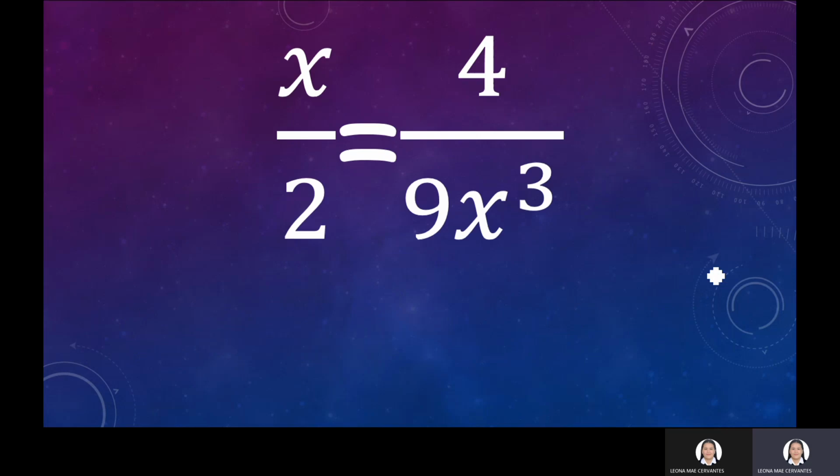Next, we have x over 2 equals 4 over 9x cubed.